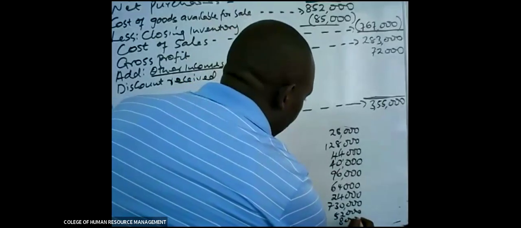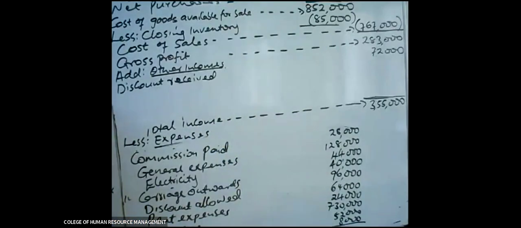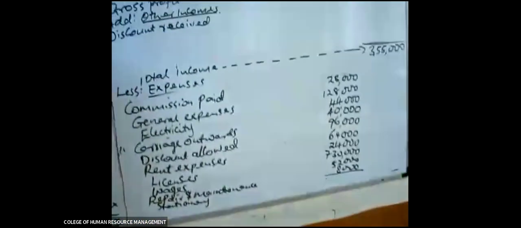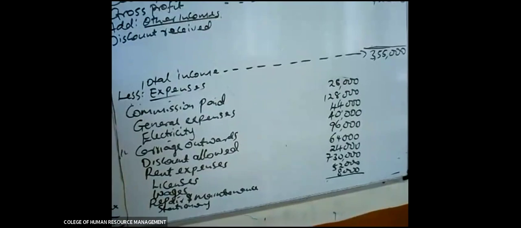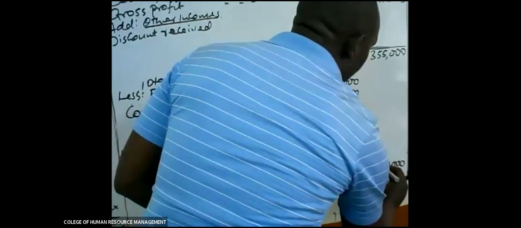So if you add those, how much will be the total for all the expenses? 1,214,000.